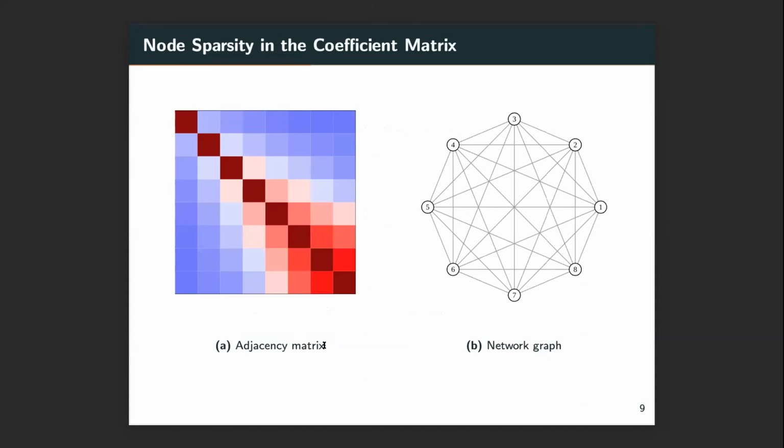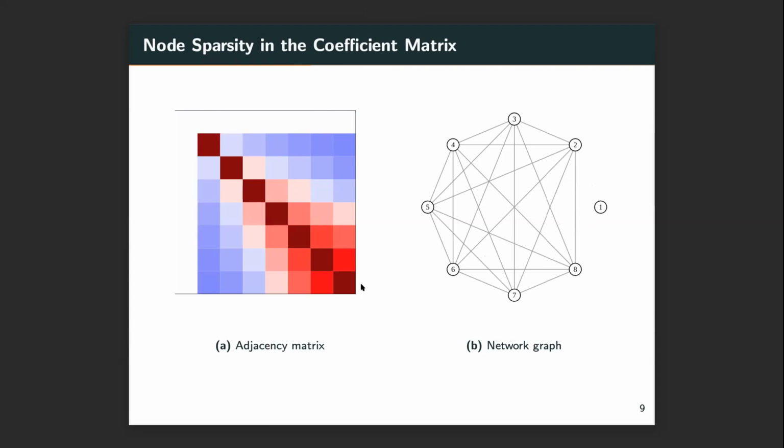I'll just try to quickly illustrate these two types of sparsities. The first is called node sparsity, in which we're trying to induce sparsity in the nodes. Here we have a very simple network, illustrated by this adjacency matrix and this network graph on the right. We have 8 nodes and edges between all of them, so a fully connected network. We introduce a bit of node sparsity, so there's sparsity in node 1, and we see that node 1 dropped out of the network.